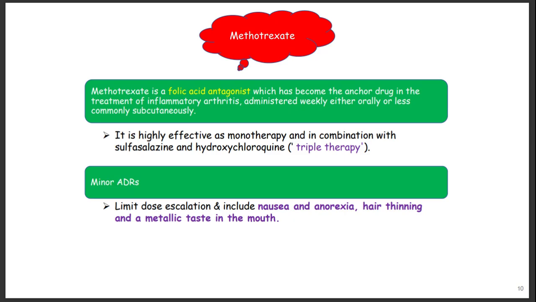Minor adverse effects that methotrexate has limit dose escalation, and they include nausea and anorexia. This is where someone is losing weight. They're actually afraid of eating, so they end up losing weight. Also hair thinning and metallic taste in the mouth.